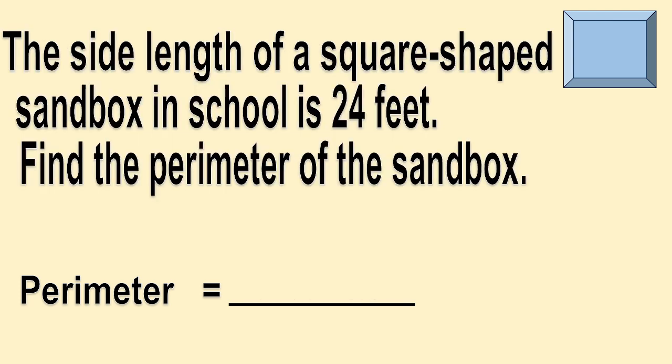Next, the side length of a square-shaped sandbox in school is 24 feet. Find the perimeter of the sandbox. Time's up. The answer is 96 feet.